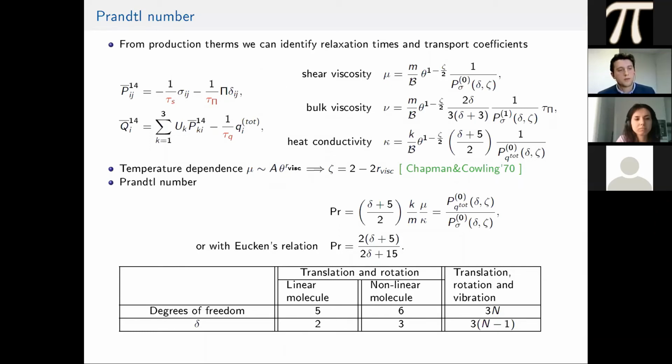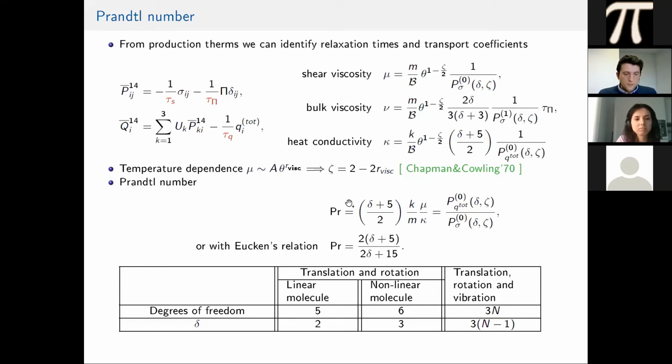Okay, now we have the moment equation system, and what can we do with that? First, we can compare with physical properties of the gas, such as the Prandtl number. From these coefficients, you can extract your shear viscosity and heat conductivity, and from that you can compute the Prandtl number, which is the ratio of these two.